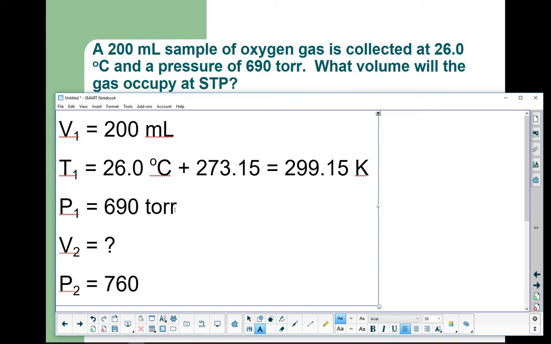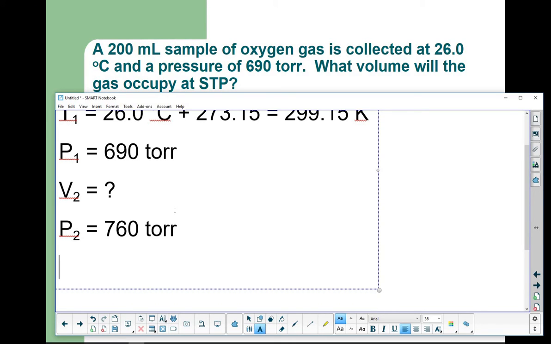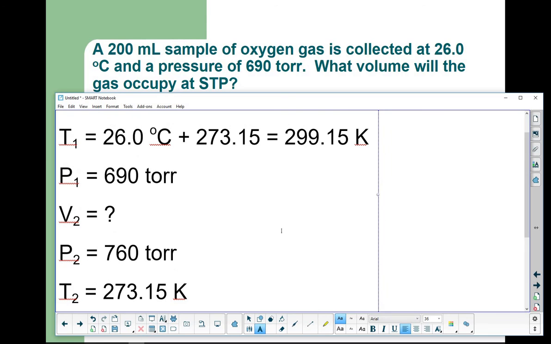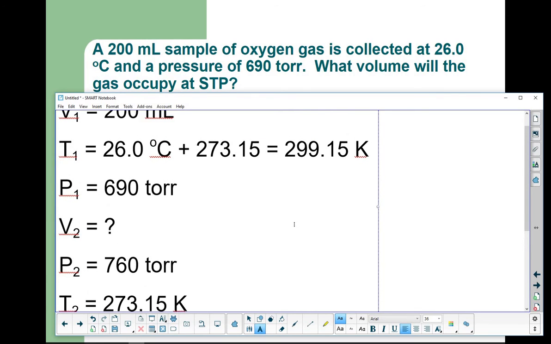Isn't it 760 torr? Okay, and then the last part would be the temperature, and temperature 2 would be my standard temperature, which is 273.15 K. So I've got everything that I need to be able to go through.